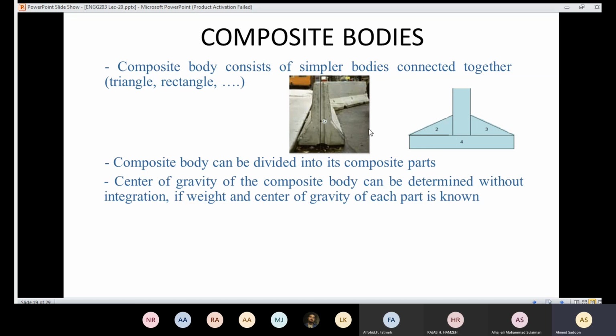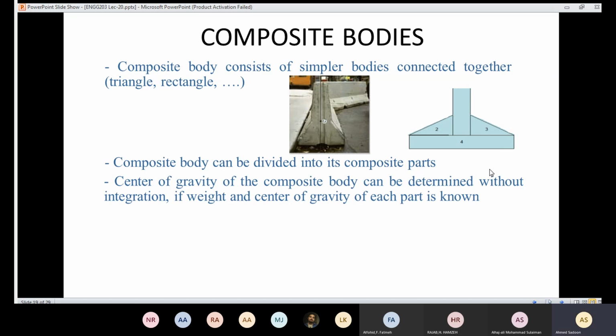And like you can see here, we have a composite body. So we need to integrate in order to know the centroid, the area centroid. But luckily, since the composite body can be divided into a number of triangles and rectangles, I can determine that without using the integration.